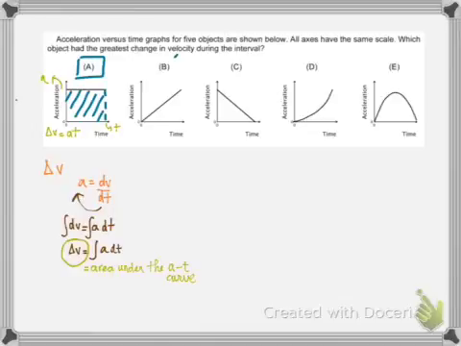Similarly, let us suppose that it's going at the same acceleration, and this point is again A and this point is T. Therefore, the change in velocity will be equal to half AT, that is the area of the triangle. Similarly, if we consider this one, we also have this area here. If this one is A and this one is T, then the delta v will be equal to half AT again. So they are equal.